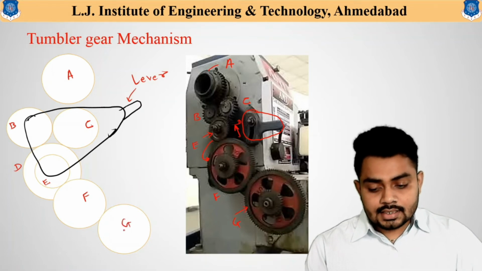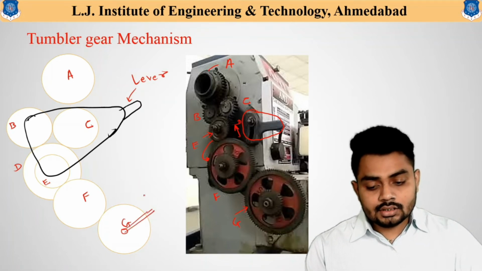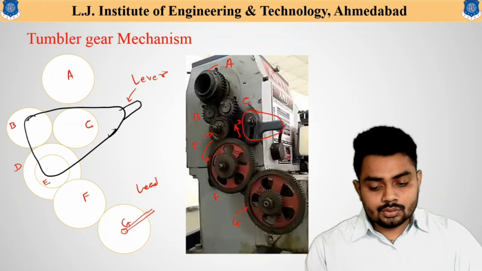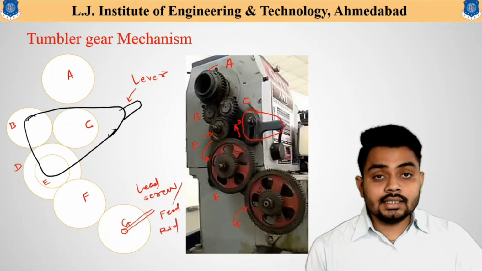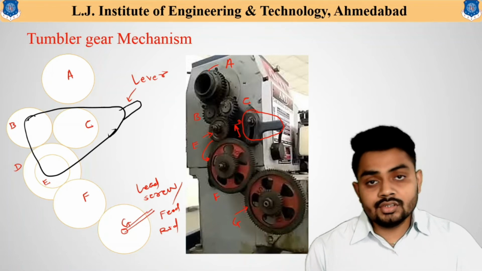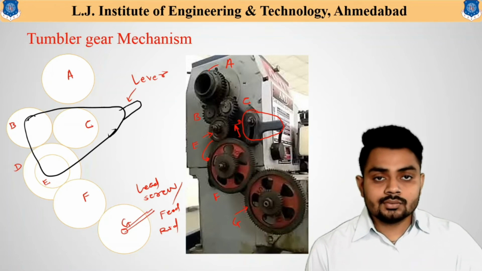This gear G is connected to the lead screw or maybe the feed rod. The rotation of gear G automatically results in the automatic rotation of the lead screw or the feed rod.